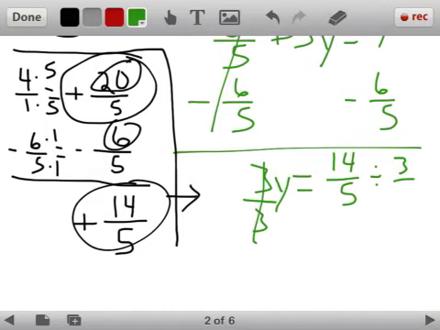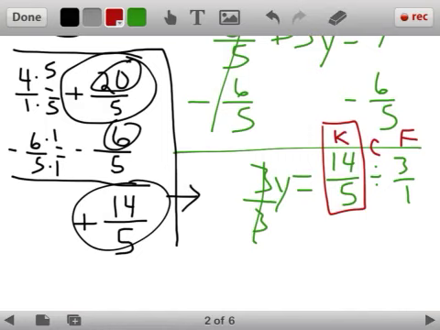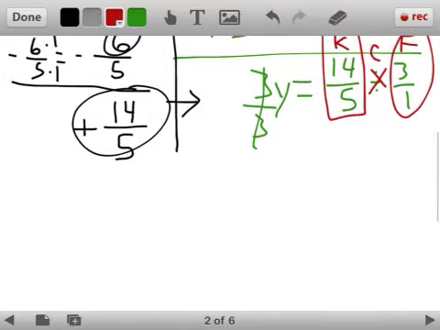I'm going to turn 3 into a fraction, so 3 over 1, and then the 3 words that you have to know are keep it, change it, flip it. So I'm going to keep the first fraction, I'm going to change the operation to multiplication, and then I'm going to flip this third fraction.